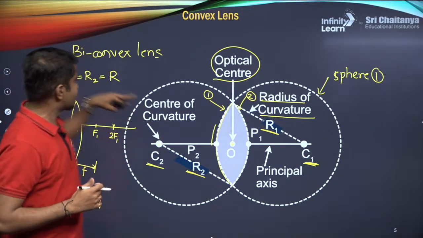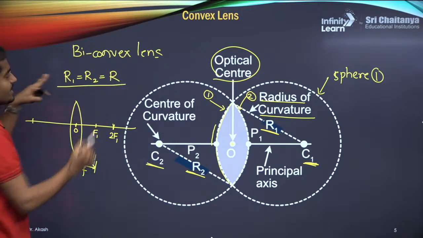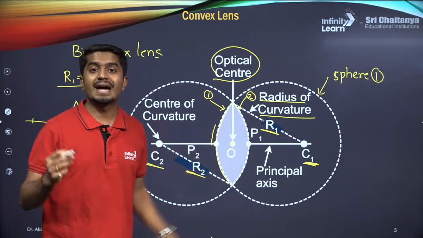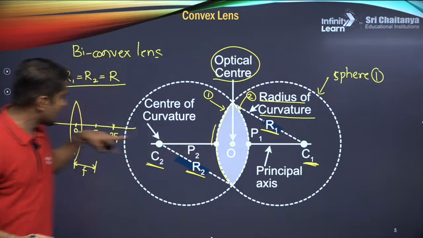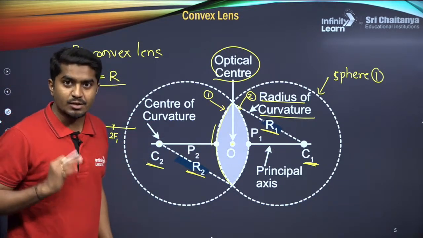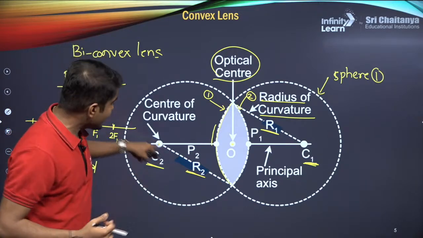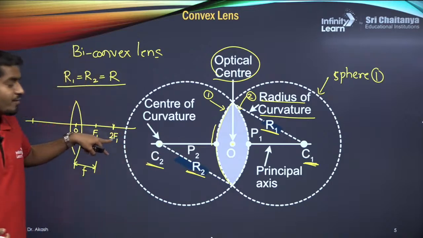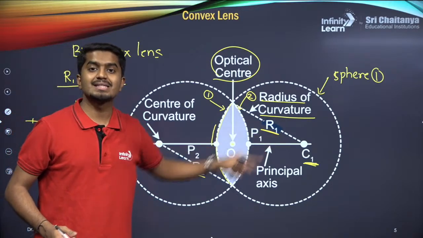So in that case, when R1 is equal to R2, if both radii of curvature are equal, then this C1 will be equal to 2 times F1. If the radii of curvature are not equal, then this 2F1 may not be the same as C1.